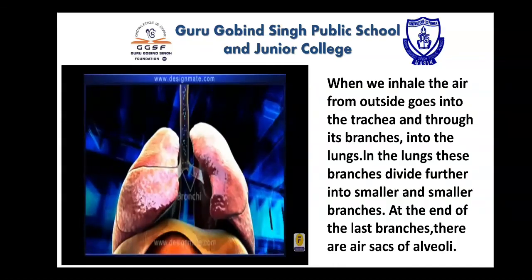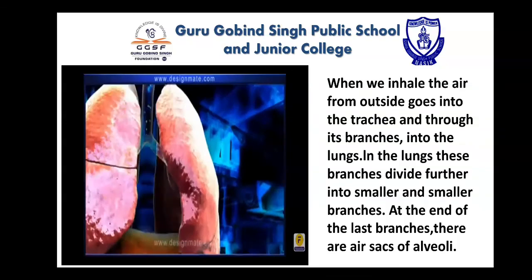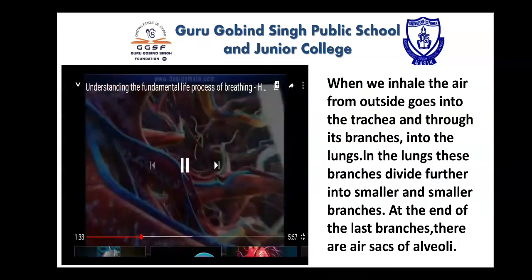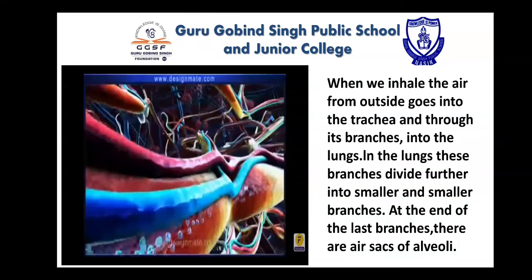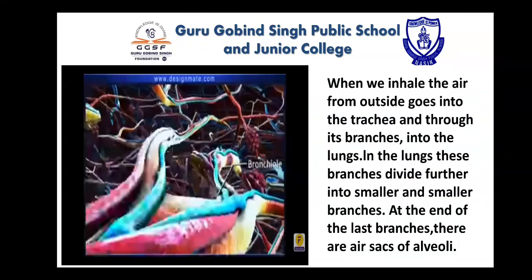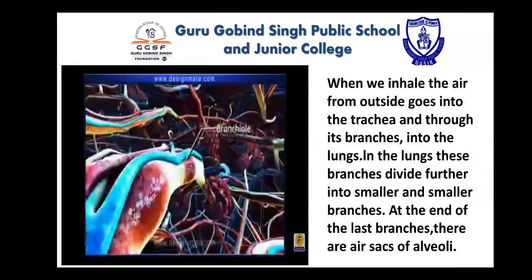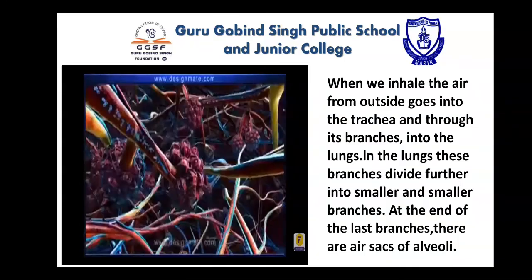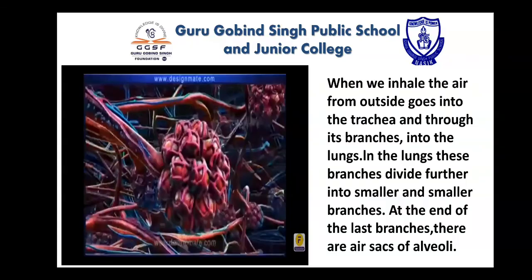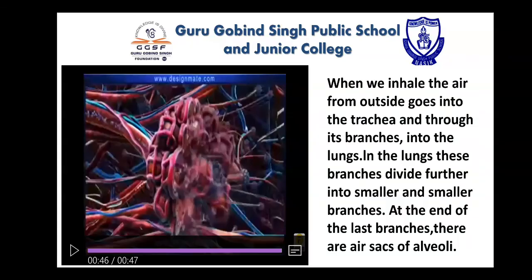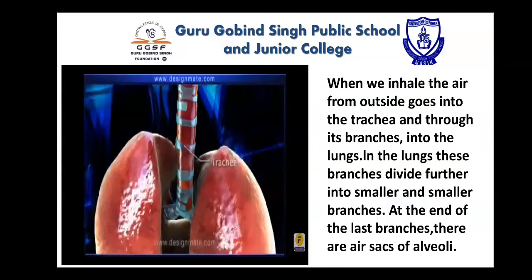In the lungs, these branches divide further into smaller and smaller branches. At the last branches, there are air sacs or alveoli. See, these are alveoli. Now, let's move further.